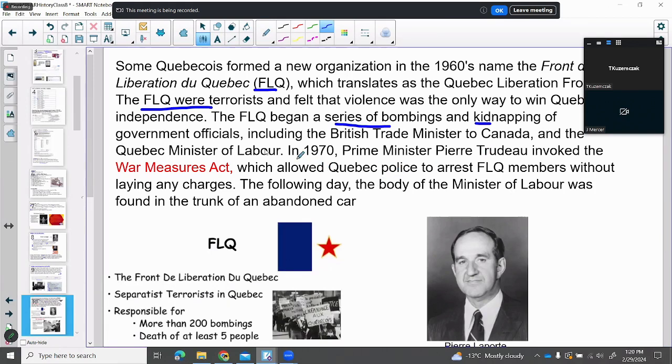In 1970, Prime Minister Pierre Trudeau invoked the War Measures Act. What this did was allow Quebec police to arrest FLQ members without laying any charges. The following day, the body of the Minister of Labour was found in the trunk of an abandoned car.